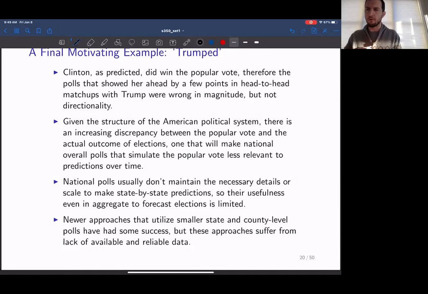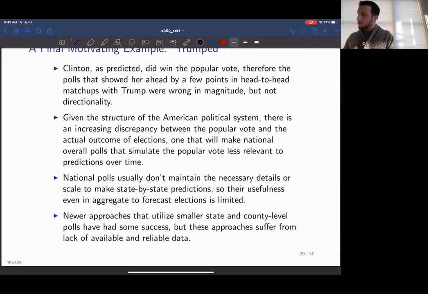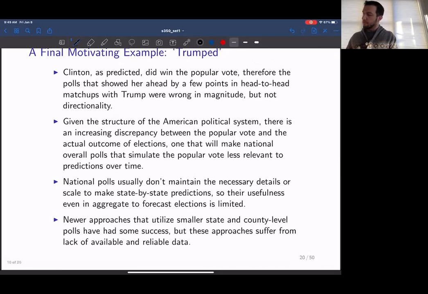Or the sizes of the electoral colleges are different within each of the states. So the newer approaches utilize smaller state and county level polls, which have been successful, but these approaches still suffer from a lack of availability. So it's hard to contact people, especially in those smaller, more rural states.